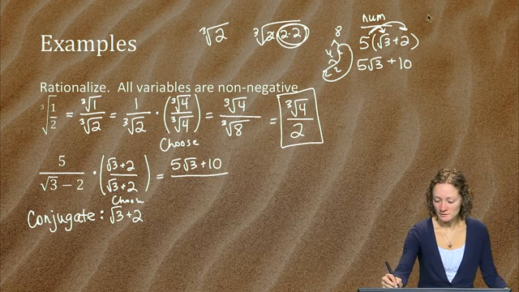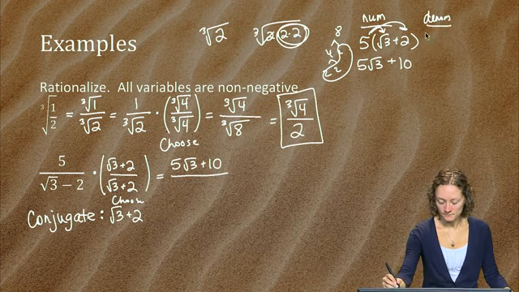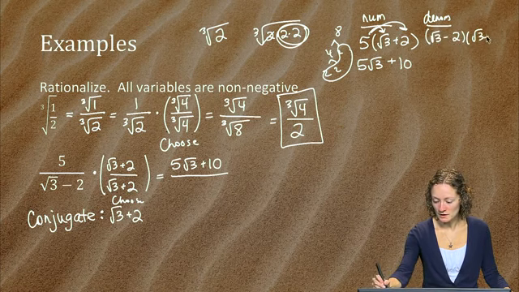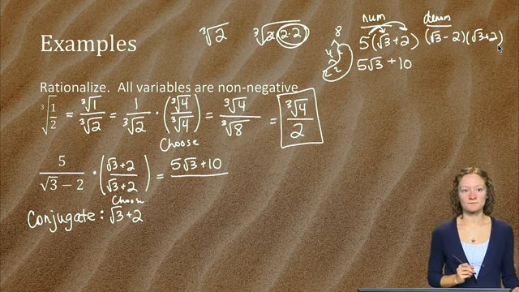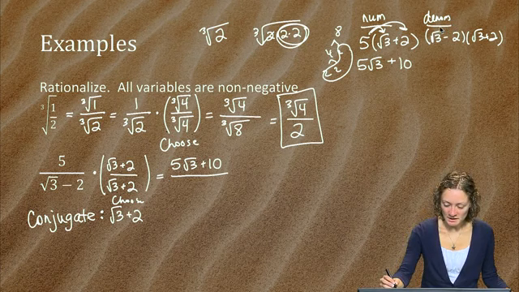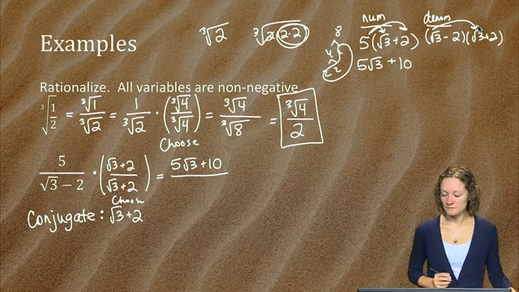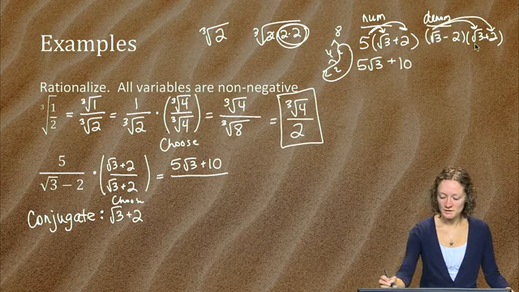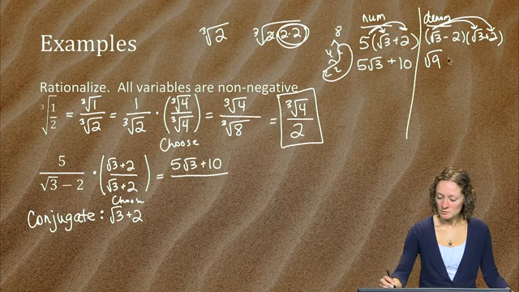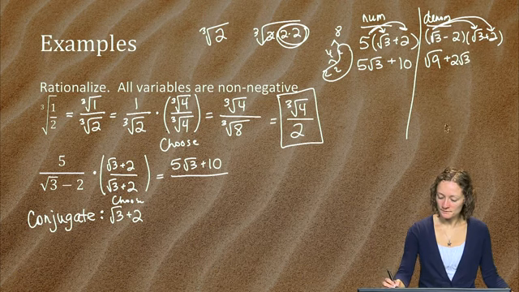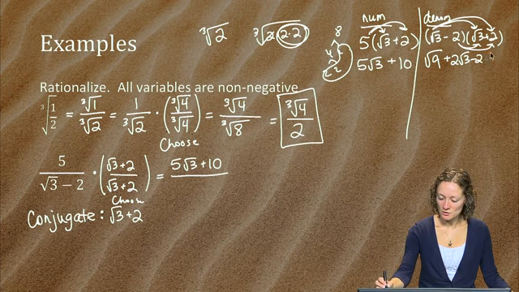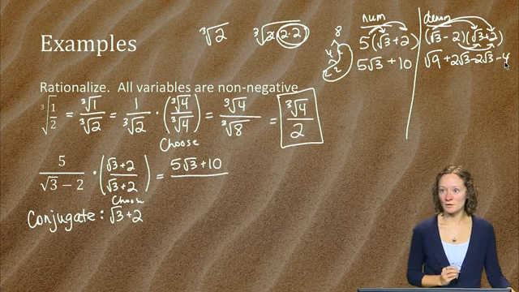Then the denominator has root 3 minus 2 times the quantity root 3 plus 2. This will involve FOIL, just like we did in the multiplication section. Root 3 times root 3, root 3 times 2. So we have the square root of 9 plus 2 root 3. Then the negative 2 times each term, minus 2 root 3 minus 4.